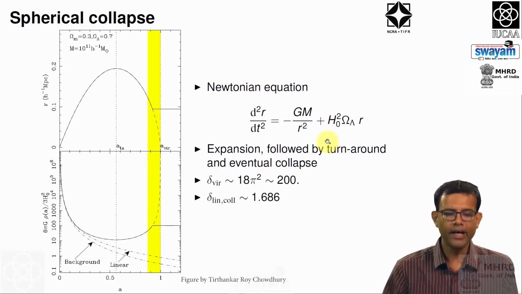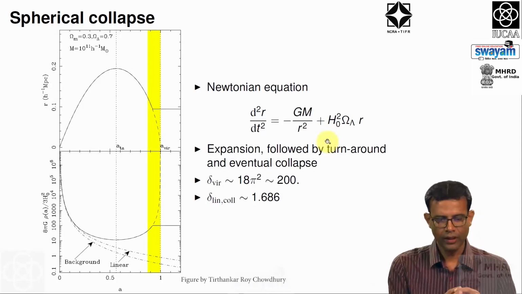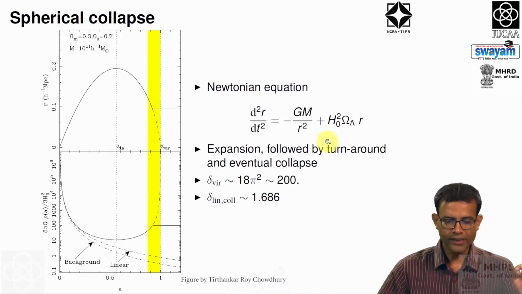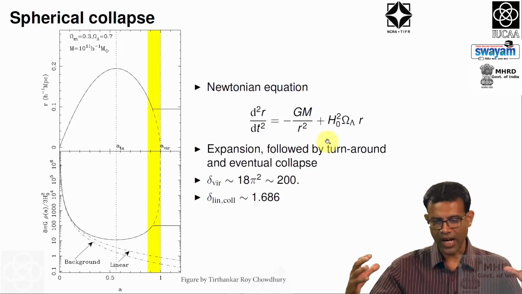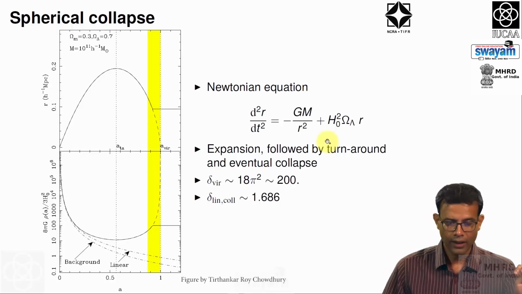In reality that does not happen, because in this perfect sphere we have assumed that all particles move only radially. Even if there are small tangential motions, as you start collapsing these tangential motions get amplified and become comparable to the radial motion.